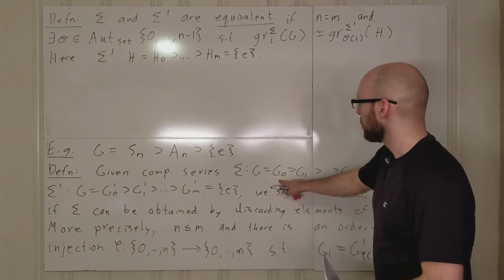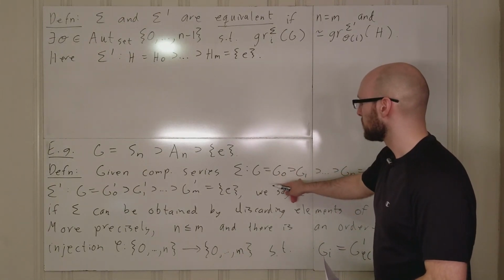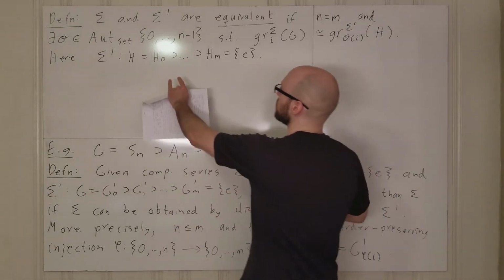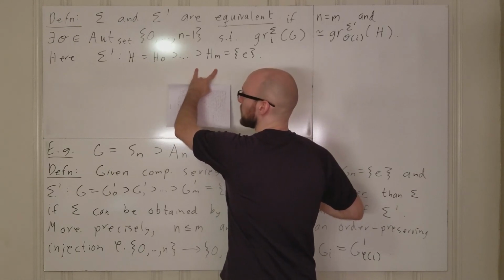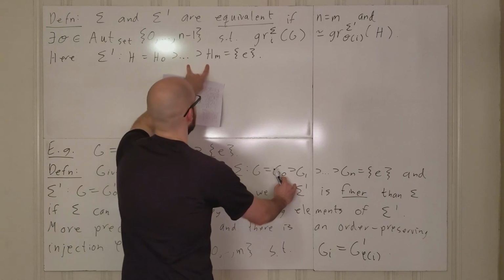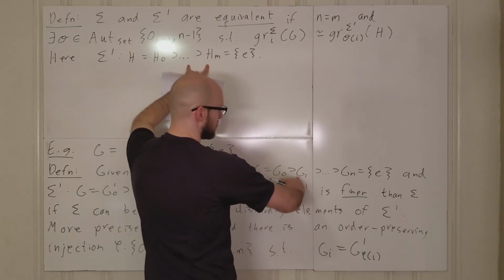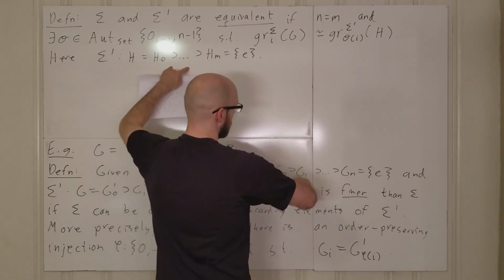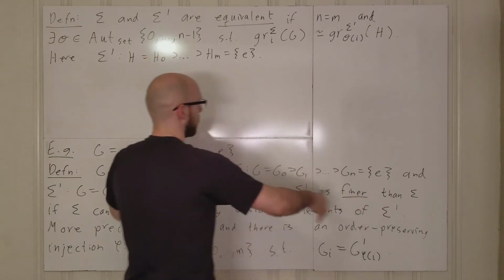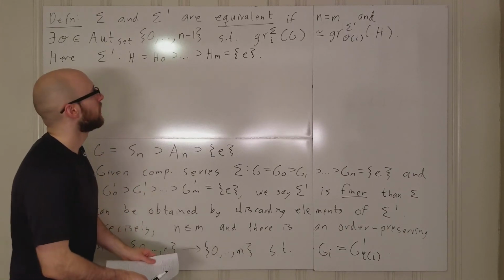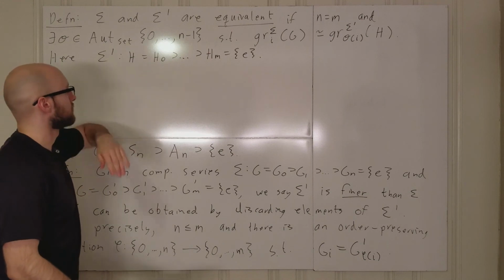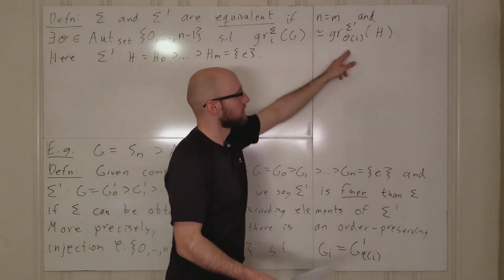So you have G naught mod G1 here as one of your graded pieces, and so there's going to be some Hi mod Hi plus 1 here such that these two are isomorphic. And this map that assigns this graded piece to this graded piece, when you consider that over the entire collection of graded pieces, is going to be a bijective map because it's a set automorphism here.